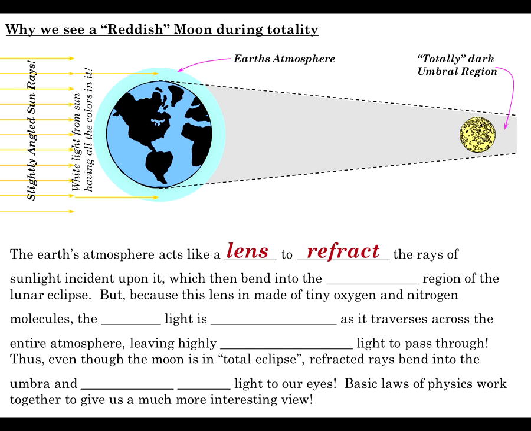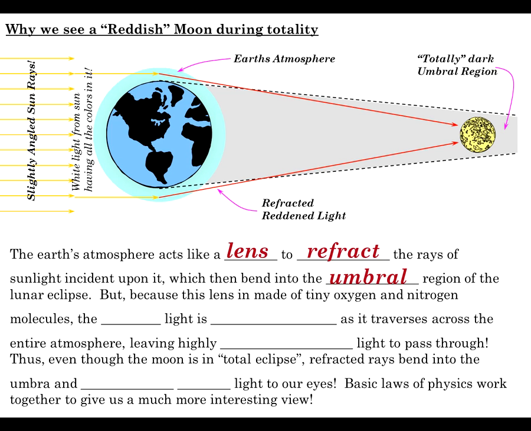And the reason is because here the vacuum of space has an index of refraction of 1, and the atmosphere is something like 1.001 or 1.007 or something like that. Anyway, it's not quite 1. So it's a slower medium, and it bends the rays into the umbral region. So there they are. So there is refracted light from the sun.